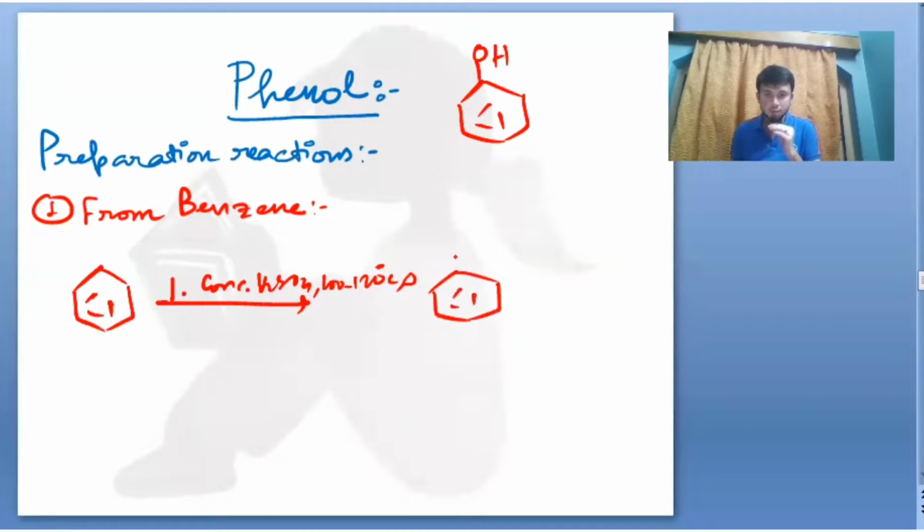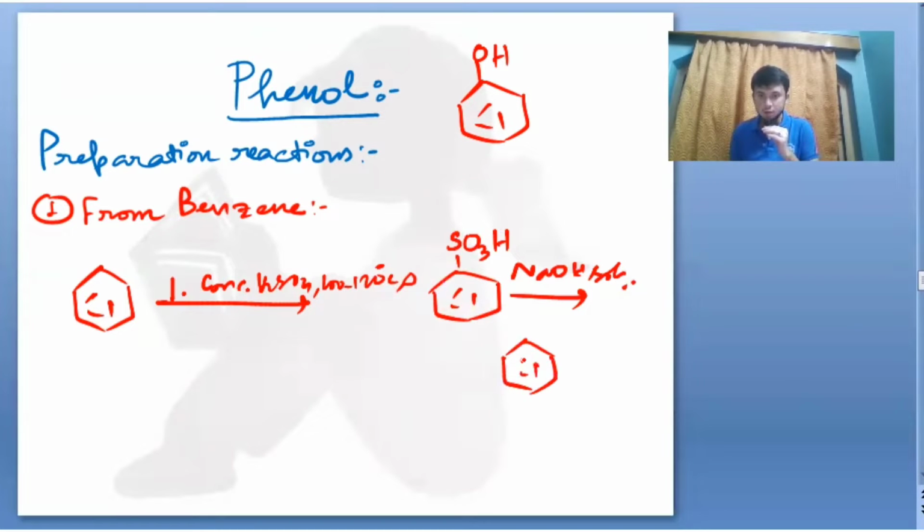It gives us SO3H. Now we give it this NaOH solution. So the H of SO3H will be replaced with Na.